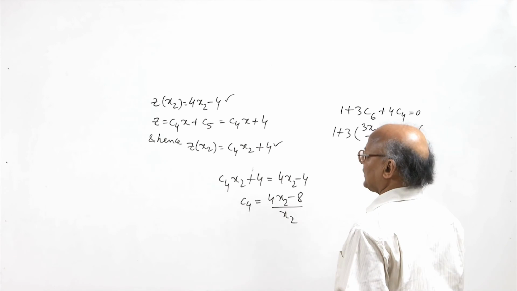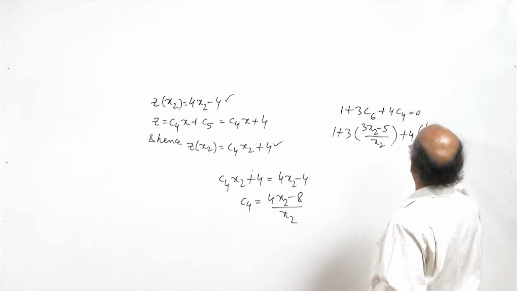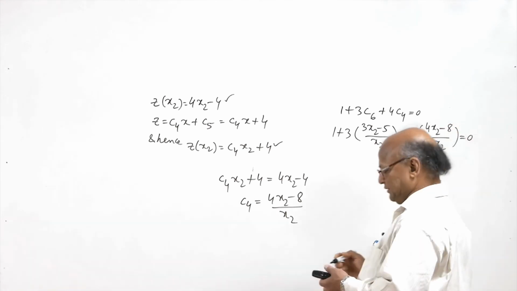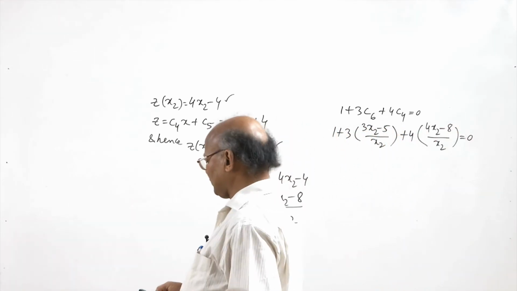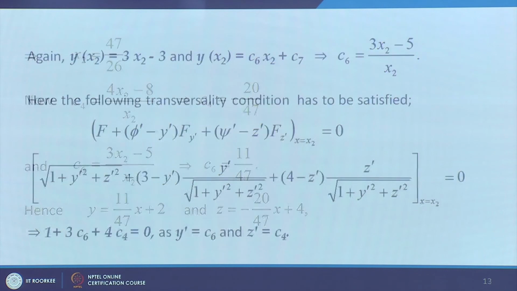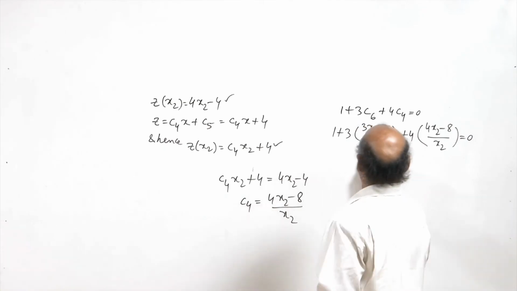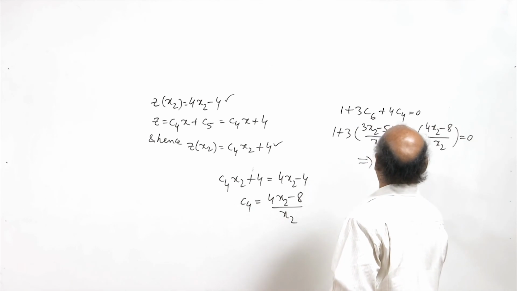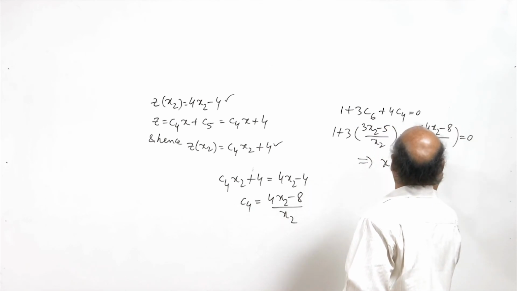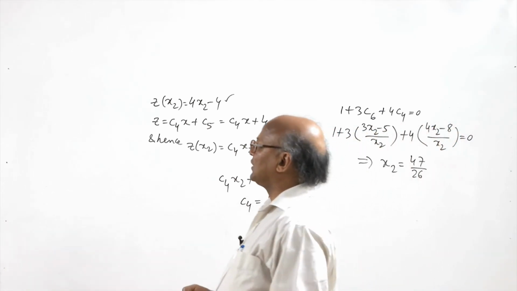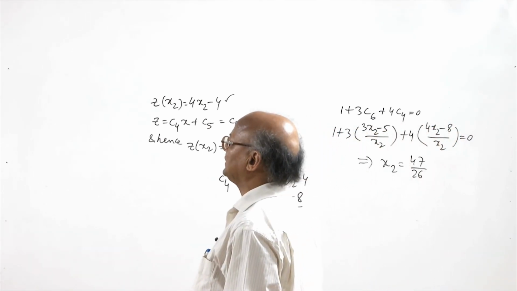So 4x2 minus 8 over x2, and simplify, we will get the value of x2. x2 comes out to be 47 by 26.